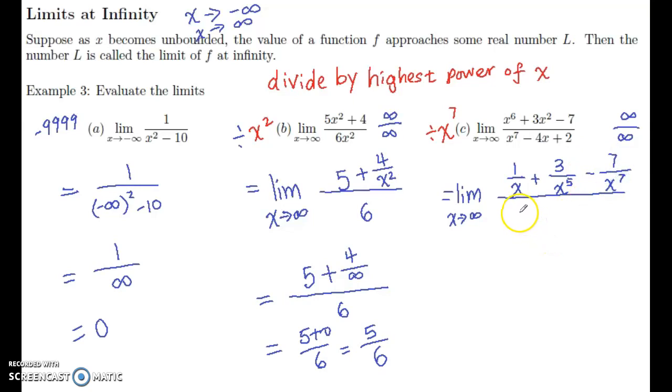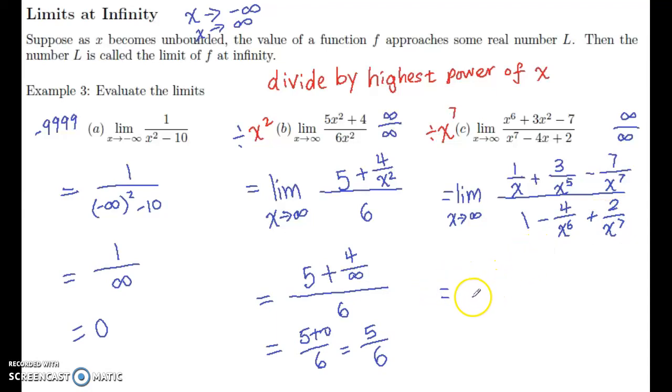In the bottom we have x to the 7th divided by x to the 7th is 1, minus 4x divided by x to the 7th is 4 over x to the 6th, plus 2 divided by x to the 7th power.